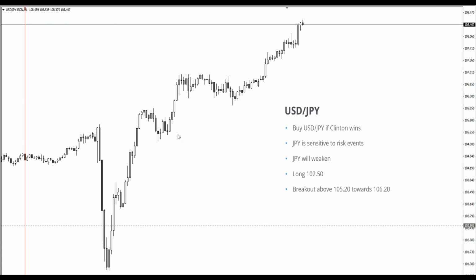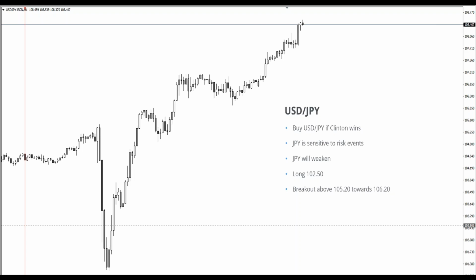Okay, so this was also dollar yen, one of the best trade setups, because I told you that if Trump wins, probably dollar yen would drop initially and then it will be bought. Exactly the same happened. Dollar yen dropped heavily, and I told you to go long at 102.50, and a trader, I remember, asked me during the webinar, but Nenad, if Trump wins the election, why will you buy dollar yen?